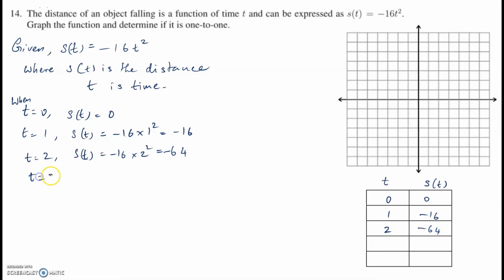When t is equal to 3, your s of t is going to be equal to minus 16 into 3 squared, that is minus 144. So 3 will be minus 144.